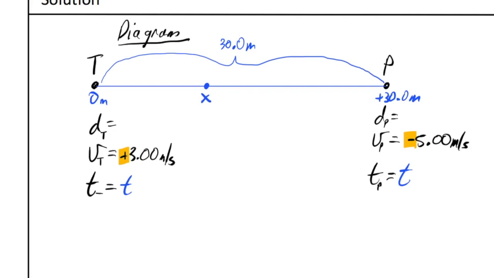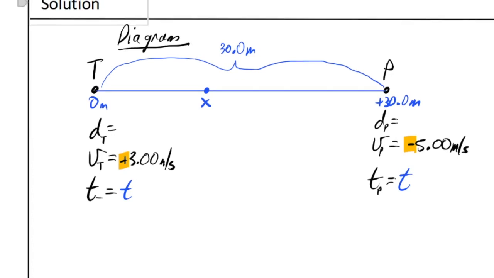Now, time to fill in the displacement for Tom and the displacement for Phil. Tom is running to the right, and Phil is running to the left. I'm going to modify my diagram by putting, to the best of my ability, evenly spaced dashed lines. It's not perfect, but you get the idea. But for Phil, I'm going to make the dashed lines bigger, to indicate that Phil is running faster than Tom.